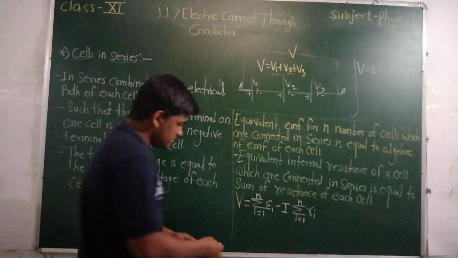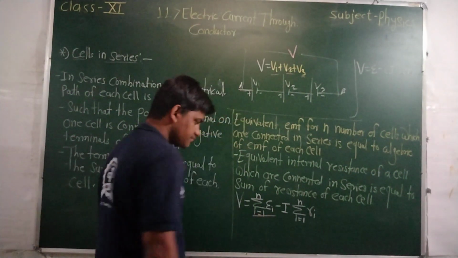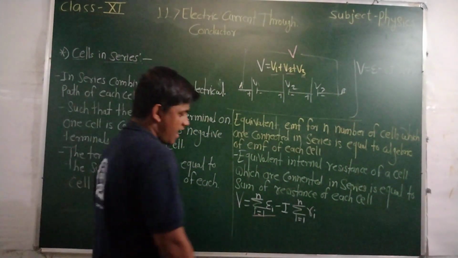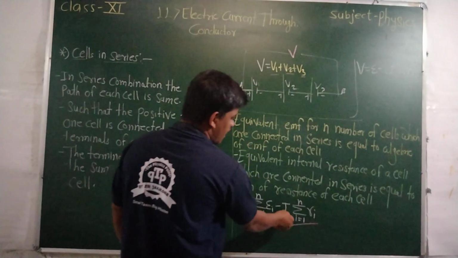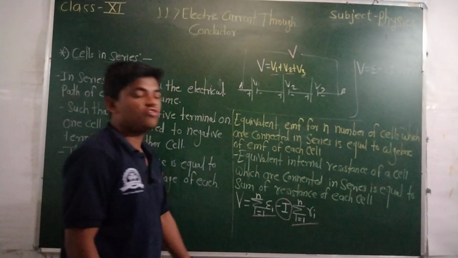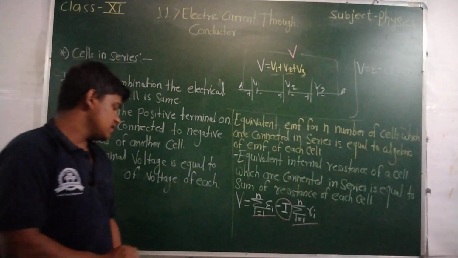I will use summation for the EMF and summation for the internal resistance, and I will be constant for each and every cell.